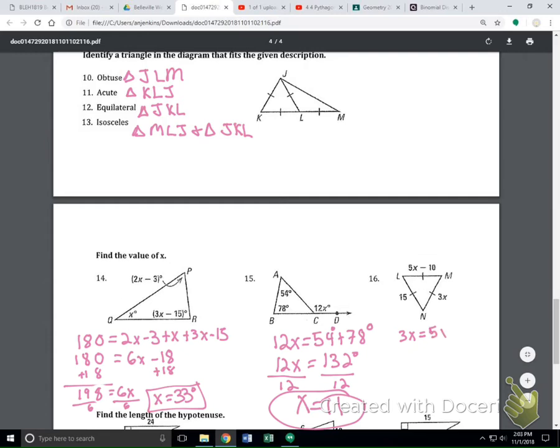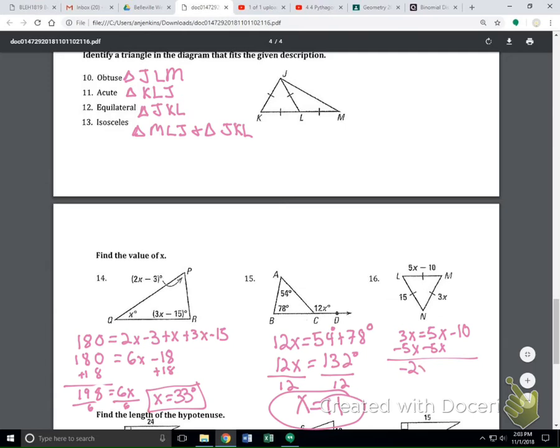So he said it equals 5x minus 10. So x will equal 5, because 5 times 5 is 25 minus 10 equals 15. So he chose this one. He then subtracted the 5x to the other side.